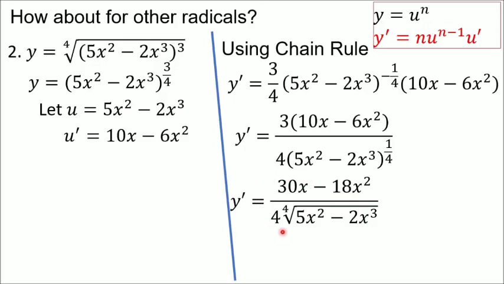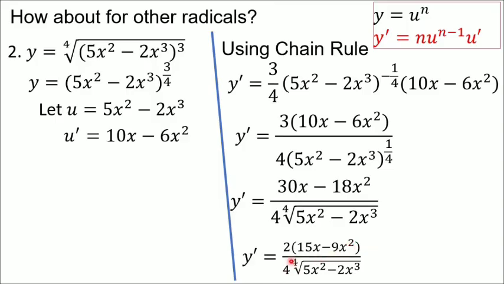And then itong answer natin na to can still be simplified. Dahil naobserbahan natin na itong 30 and 18 can still be divided by 2. So, pwedeng i-factor dito yung 2 para makancel sila nitong 4. So, factoring 2 out of the numerator, magiging 30x divided by 2 is 15x. 18x squared divided by 2 is 9x squared.